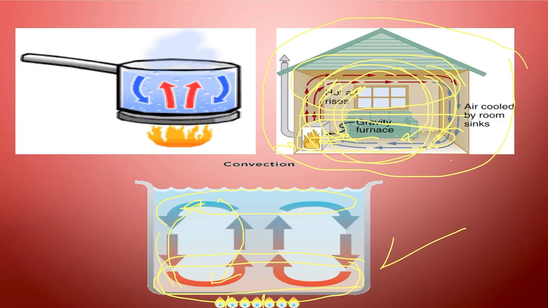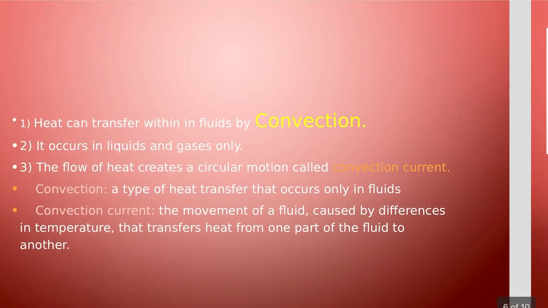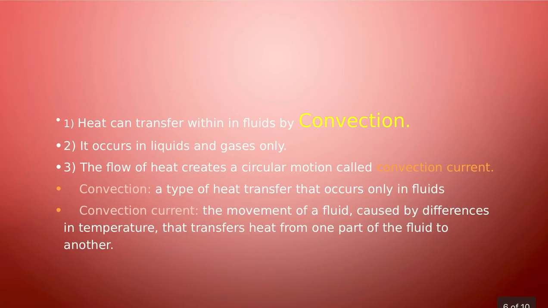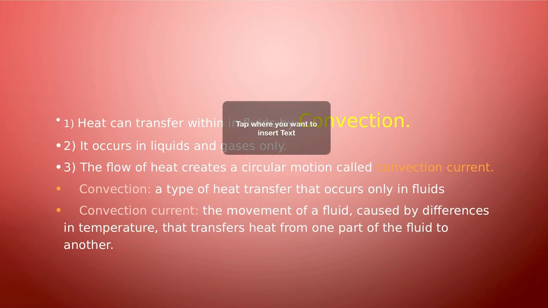So this is the circular motion, or the convection current, that causes the whole water to have high temperature. So heat can transfer within fluids by convection, and it occurs only in liquids and gases.